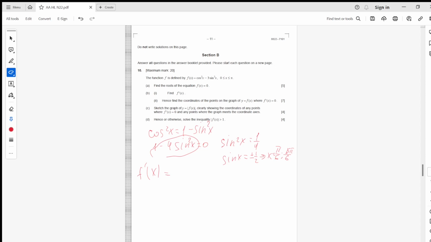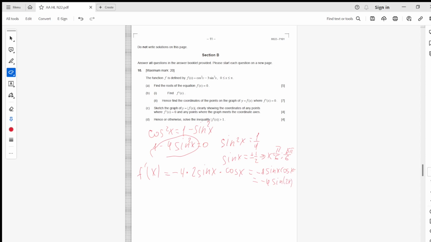The derivative of 1 is just 0, so it's just minus 4 times 2 times sine of x, power rule, and multiplied by the cosine of x, chain rule, and it's just minus 8 sine of x cosine of x, and it's just minus 4 sine of 2x.